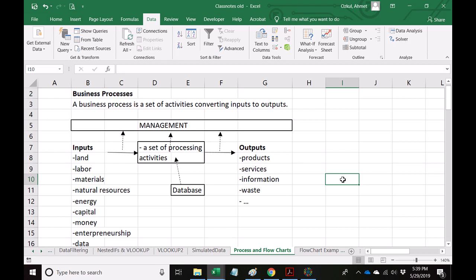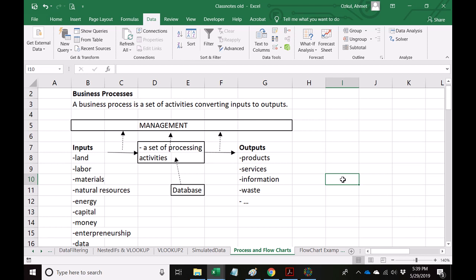It could be a department, a division, and even the whole company as a process. Sometimes even just a machine, a computer, for example, or a production machine. Processing components could be a process. If there is processing, there must be a process, or if there is a process, there is processing.